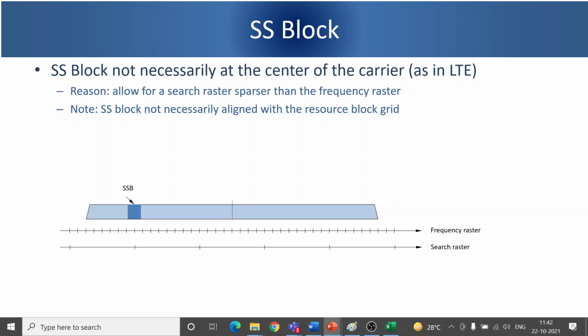So if it is in the center, how will they synchronize, right? Those frequencies they may not support, right? So that's why in 5G it has become more flexible, in that sense. So SSB can be located on any of these synchronization search rasters.